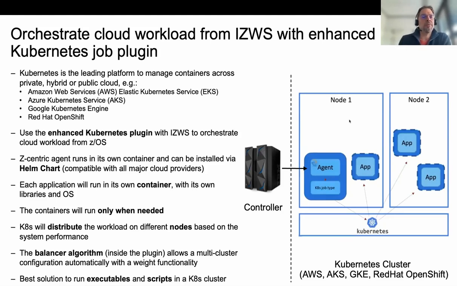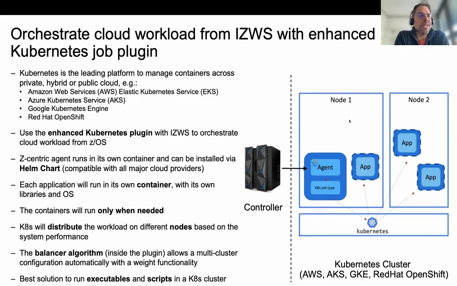Each application will run in its own container. The containers that you schedule and manage from the workload scheduler will only run when needed. The Kubernetes platform itself will distribute the workload on different nodes based on system performance, for example. So the typical cloud performance clustering will be used here.